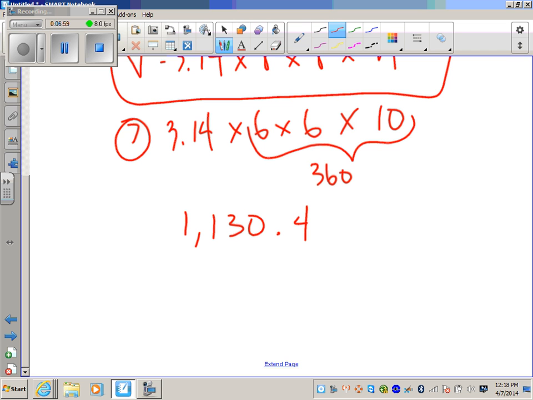Are there any directions for rounding with the cylinders? Cubic unit means whole.